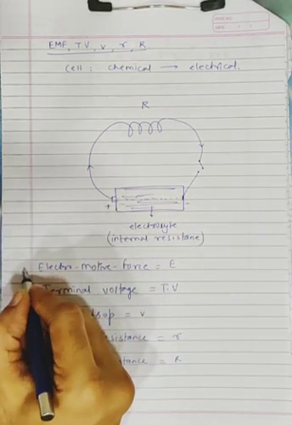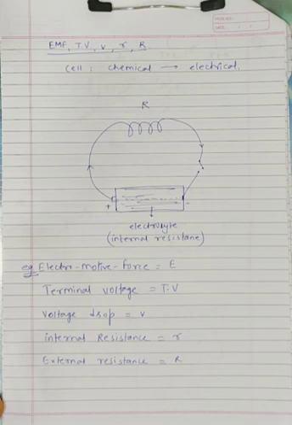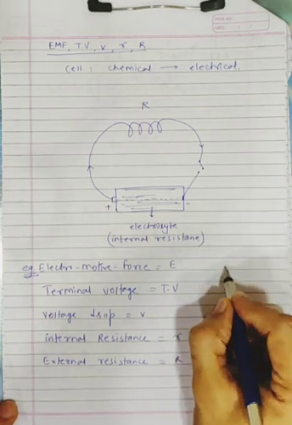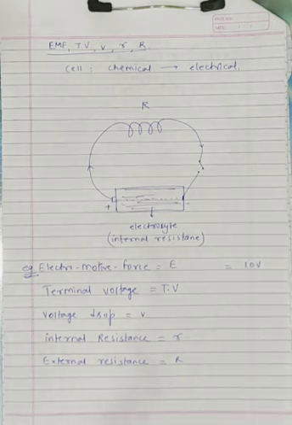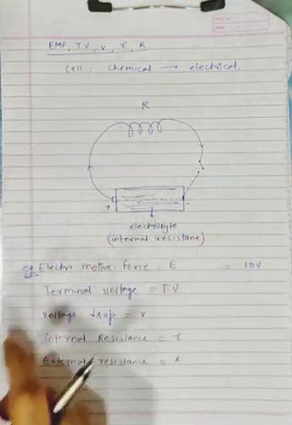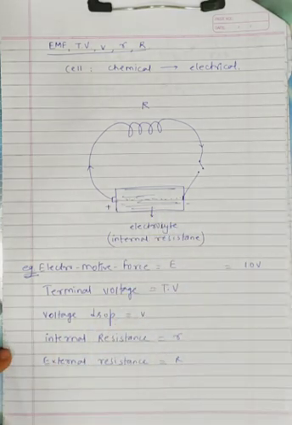I'll give you an example now. Let's say you bought an electric cell of EMF 10 volts from a shop. When you use it in your circuit, you will not be able to get all the 10 volts from this battery.